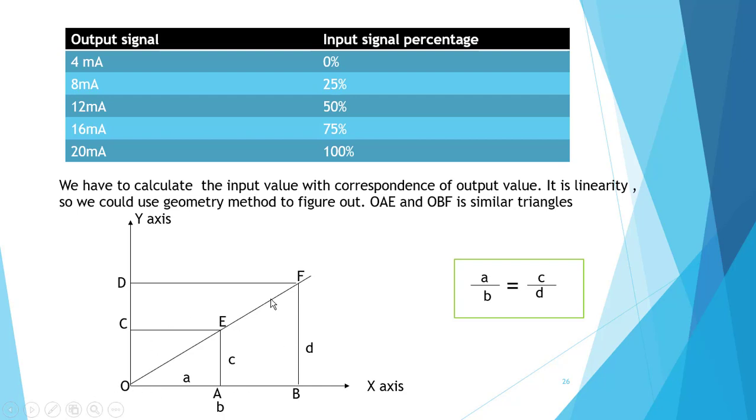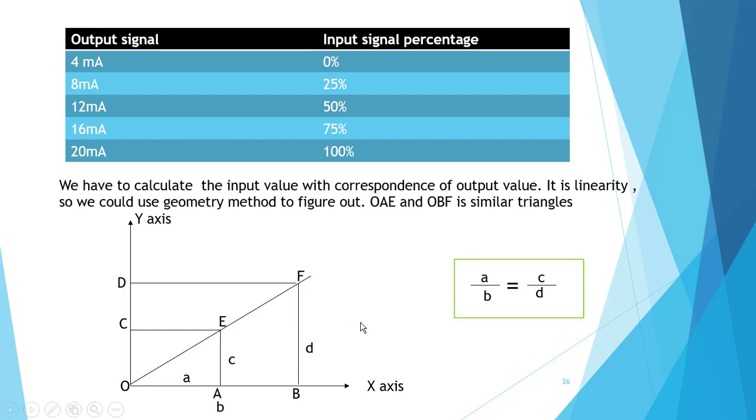These two triangles are similar triangles, so they have a formula: A to B, where A is from O to A and B is from O to B, equals C to D. C is from A to E, D is from B to F.